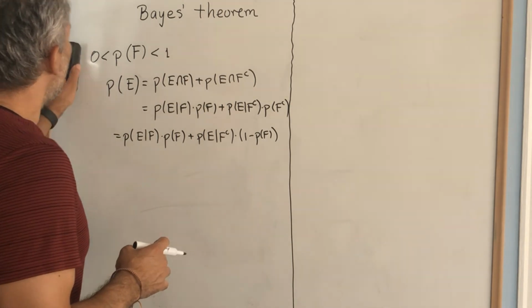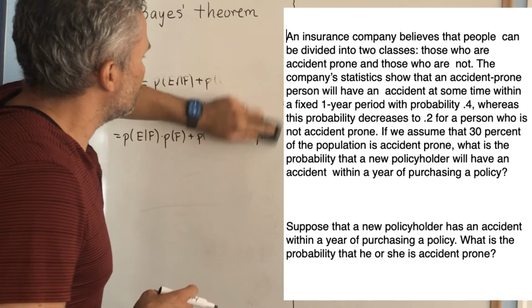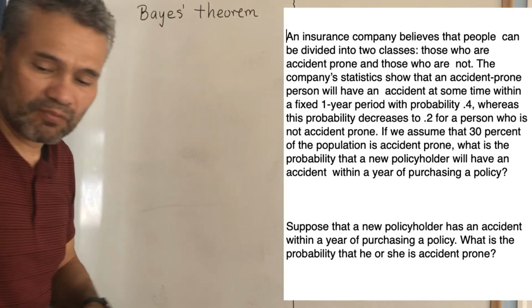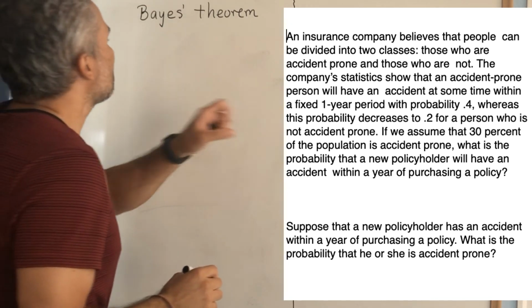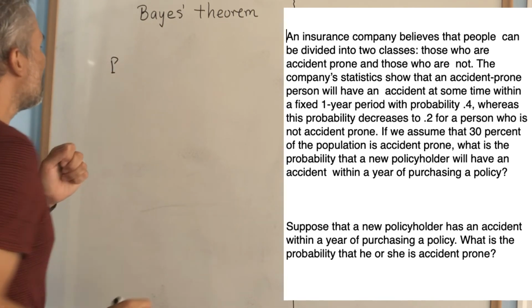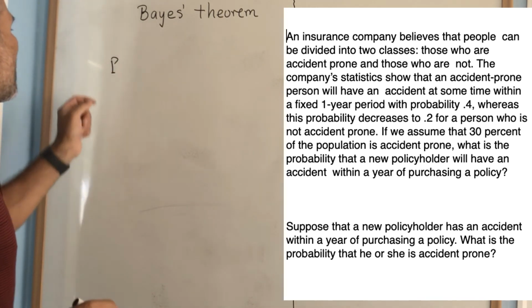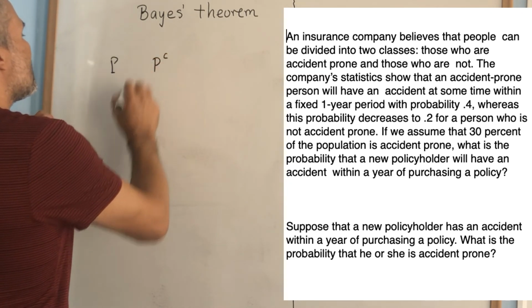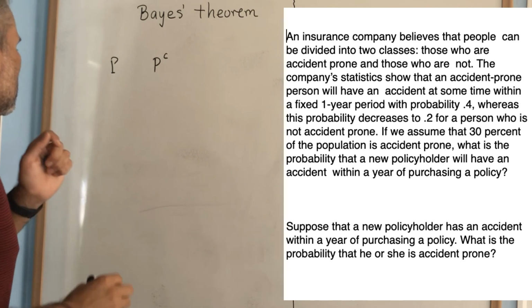Let's see an example that uses this theorem. If we consider the sample that is here on the right, we can define P, those people who are prone to have an accident, and then we have also P complement.